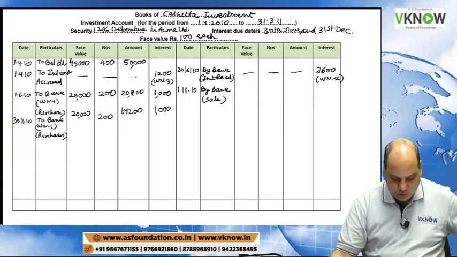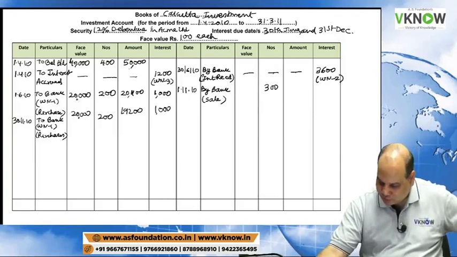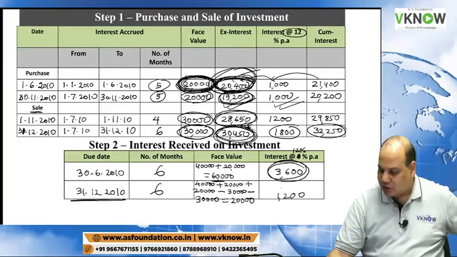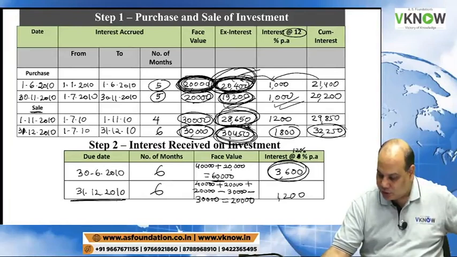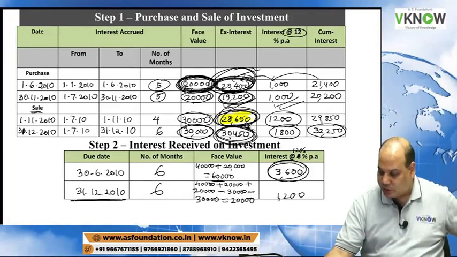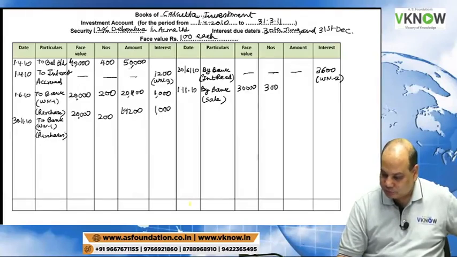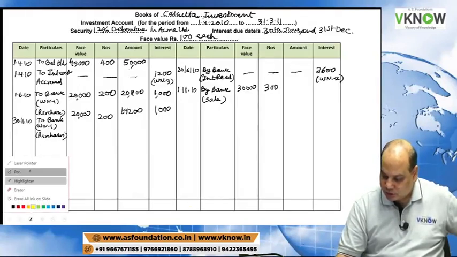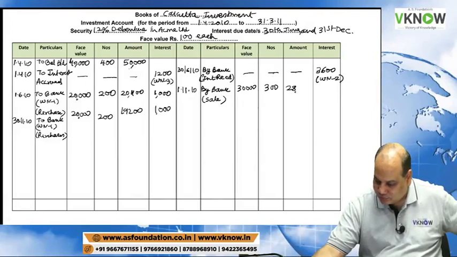And you have sold 300 units, 30,000 rupees face value. Ex interest amount on the screen, sale 28,650 and interest is 1,200. So write down 28,650 and 1,200.